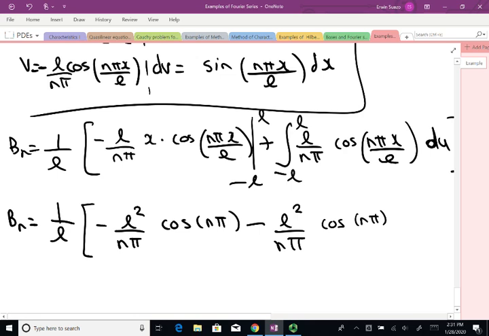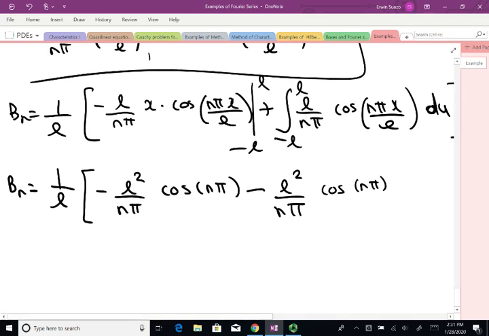Is this right? Let's check. Minus L squared n pi cosine n pi, minus is plus, but then when I plug in minus L, I get this one, minus L squared over n pi, then cosine n pi. Yeah, I think it looks good.